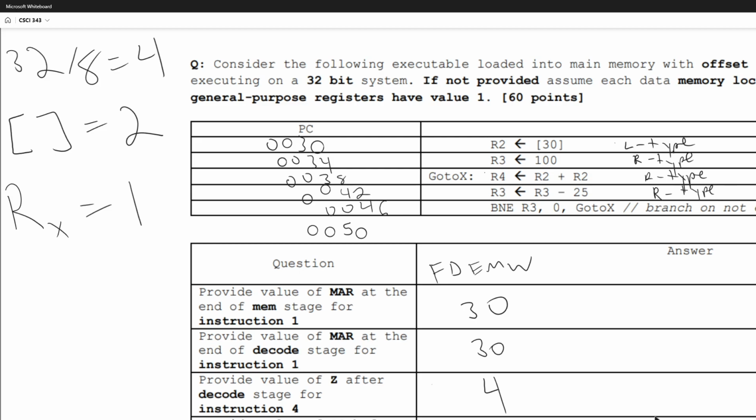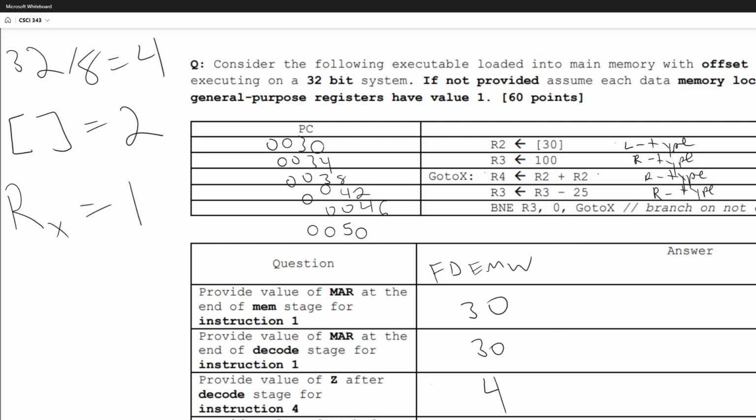Sorry, could you explain why? Yeah. So this is asking what's in the Z register. That's like the output of the ALU after the decode stage for instruction 4. But at the decode stage, you've only decoded the instruction, so you haven't really touched the Z register yet. This is the fourth line of code, right? R3 minus 25. So you don't really care about what's in the Z register after this instruction.